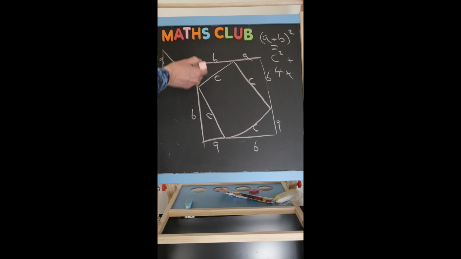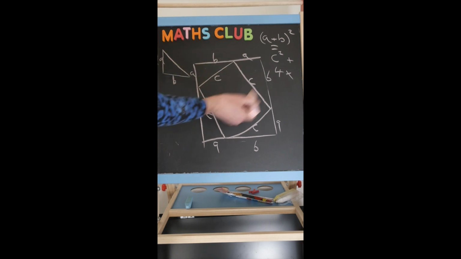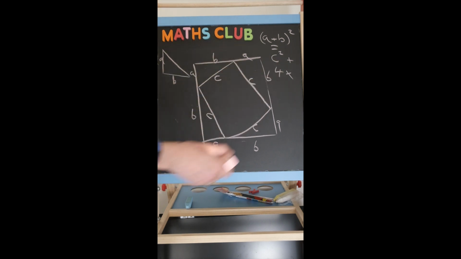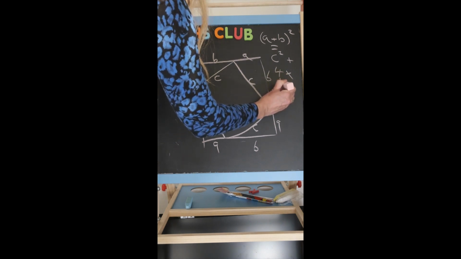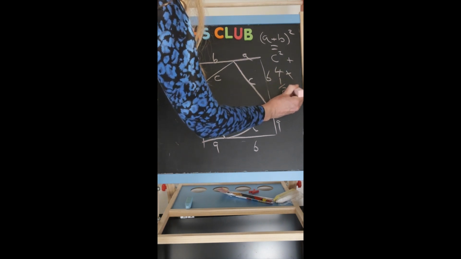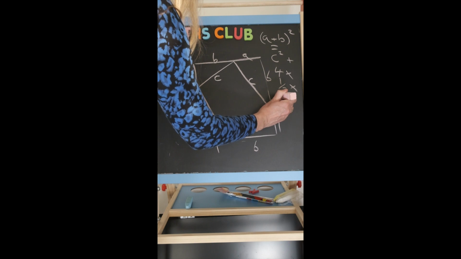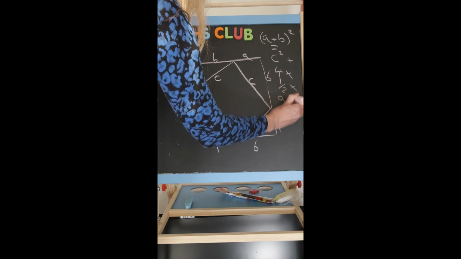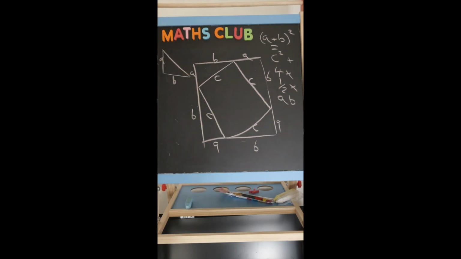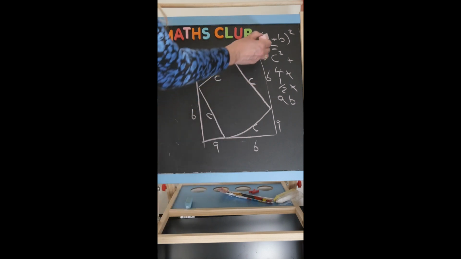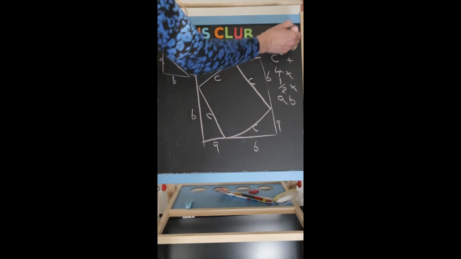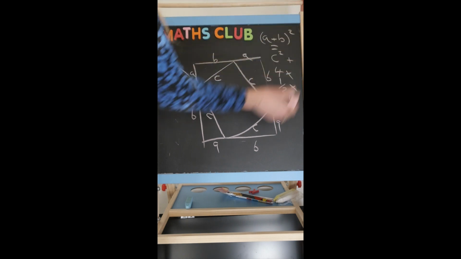So what's the area of each triangle? Well, it's A times B divided by 2, because A times B would be the square, so you divide it by 2. So it's 4 times a half times A times B. So basically, if you rearrange that, this will give you A squared plus B squared plus 2AB.